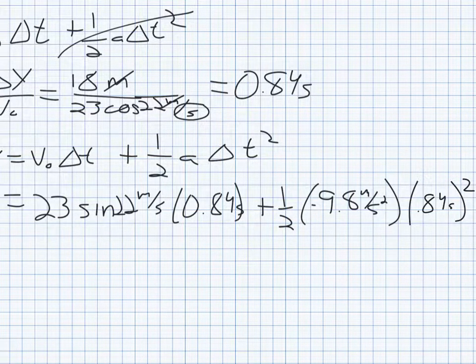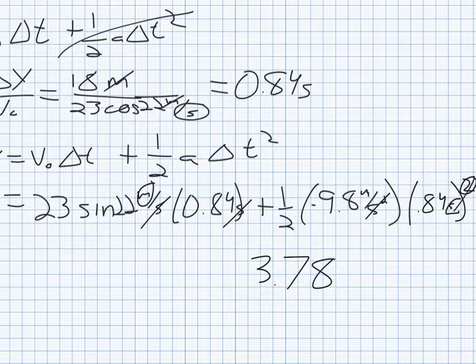And my calculator spits out 3.78. Now let's see what that's going to be. Seconds will cancel here, and I'll be left with meters. Seconds squared will cancel with seconds squared, and I'll be left with meters, so this is all in meters. So it will be 3.78 meters off the ground when it reaches the goal.